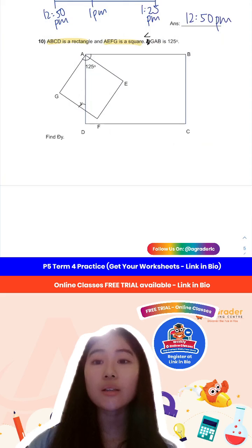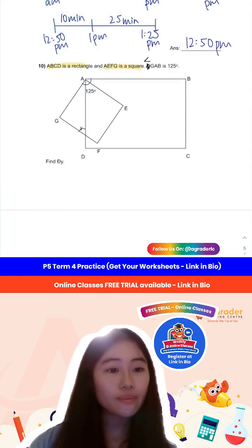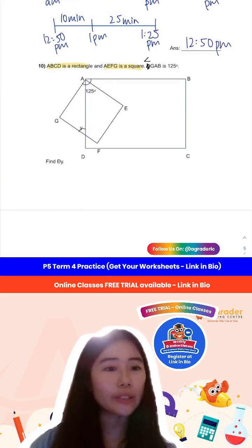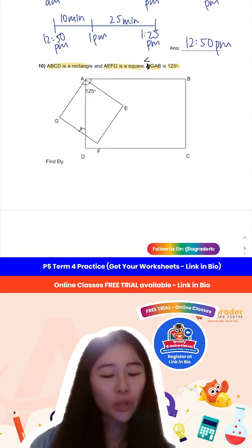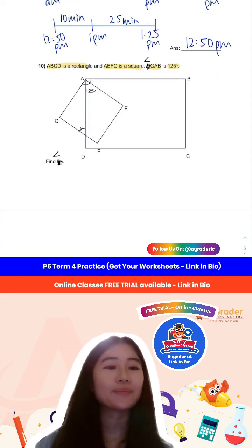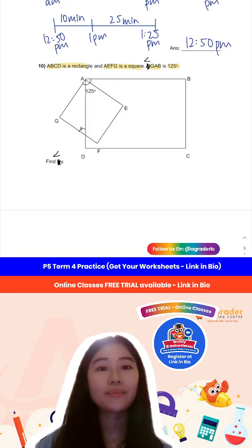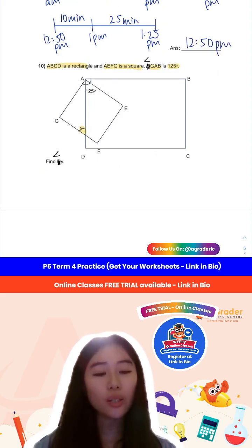So it's angle GAB. It's a formatting error. So angle GAB is 125 degrees. Another formatting error, you're supposed to find angle Y. Angle Y is over here. Let me highlight for you in yellow. So this one is angle Y.